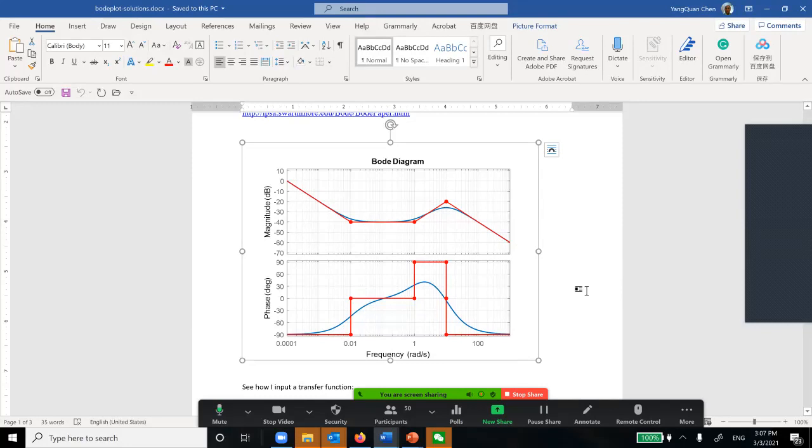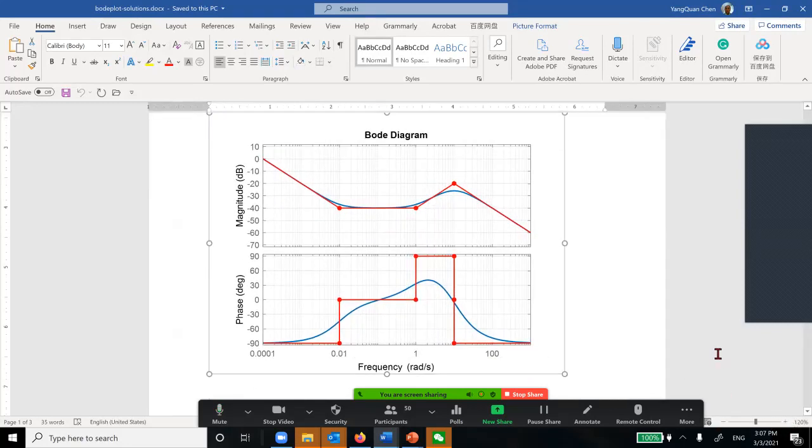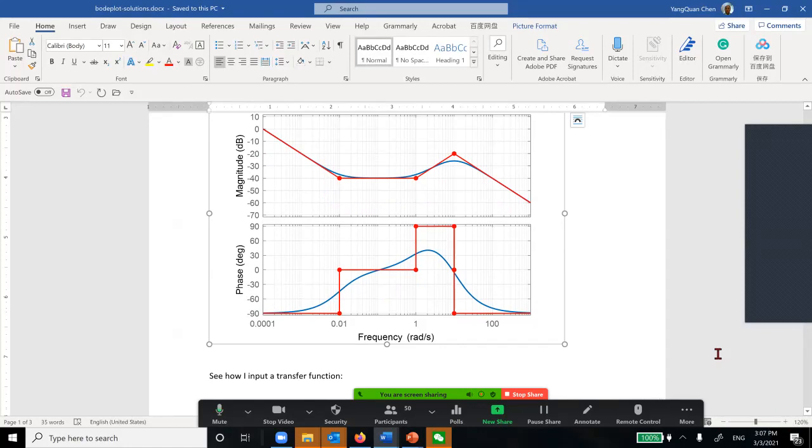So you need to see, let me make it bigger. You need to see from low frequency to high frequency, you check from this side, okay? So it is always going down. What is a line always going down at minus 20 dB per decade? So this is actually one over S, it's an integrator, okay?